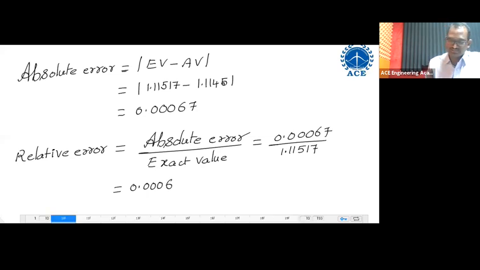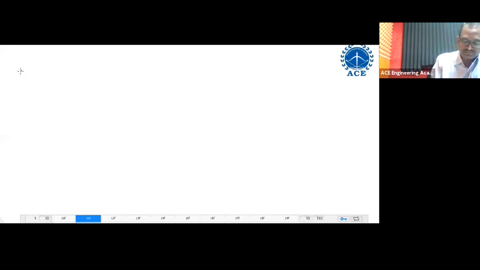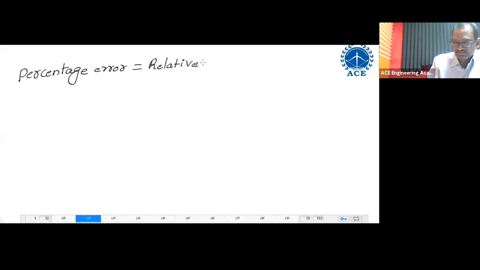It will not change. Next, percentage error. Percentage error is relative error multiplied by 100. Multiply your relative error by 100.